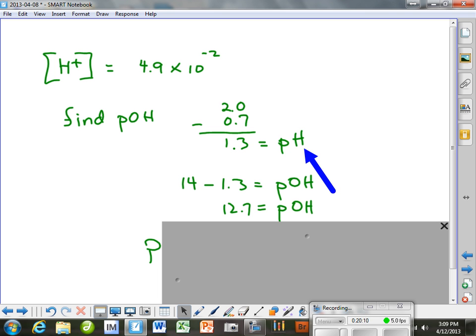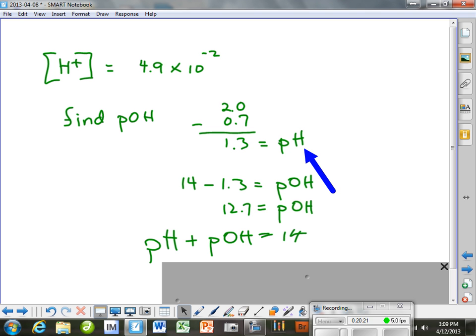There you go. Okay, 14 minus the 1.3 gives you your POH. And there's your answer. Nice, huh? Because the pH plus the POH is equal to 14. That's the biggie.